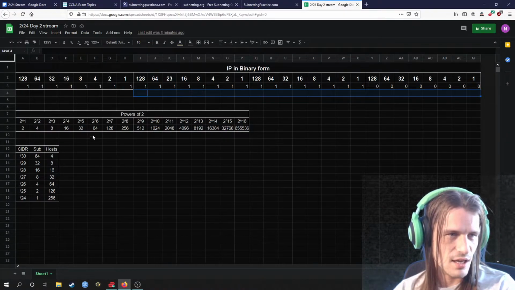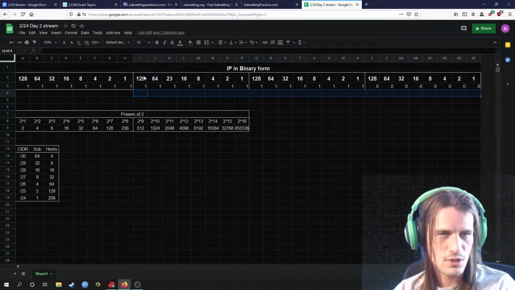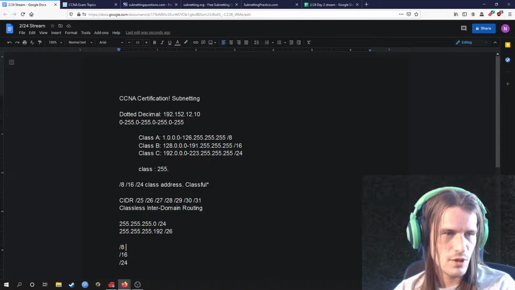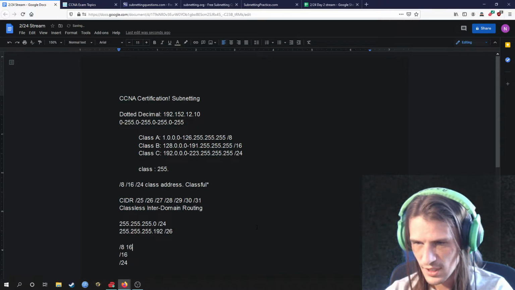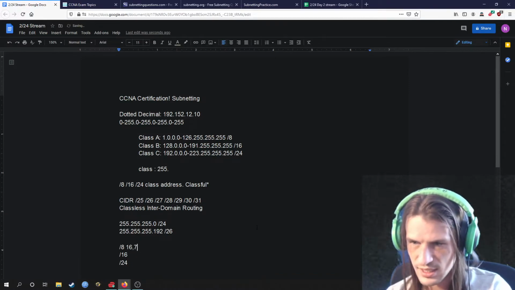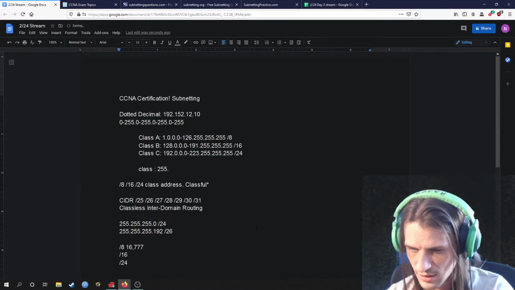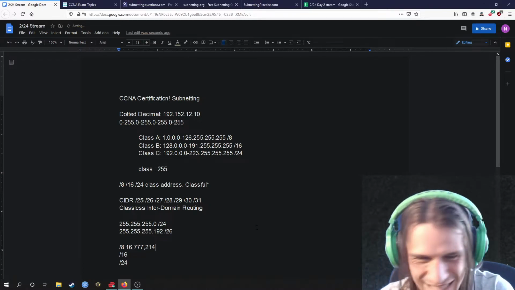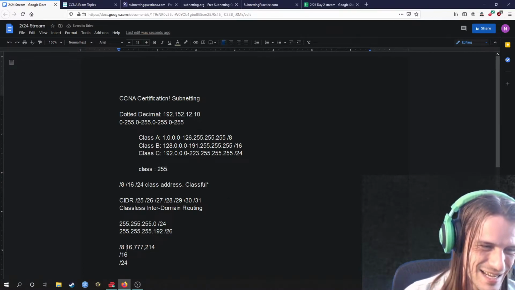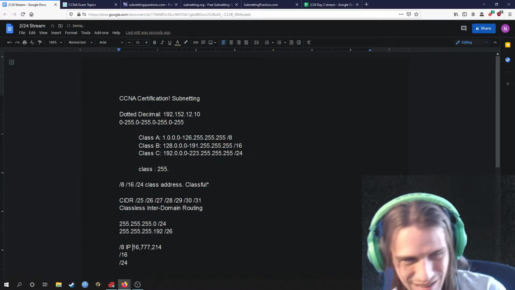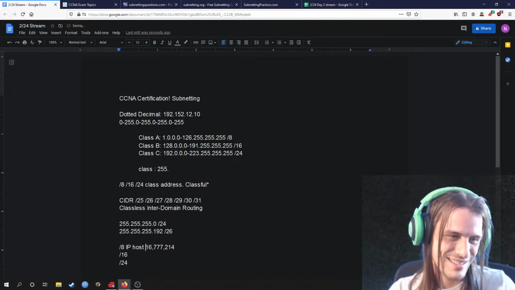If we take 2 to the 24, I have it written down, 16,777,216. It's a little over 16 million IP addresses within that subnetwork.